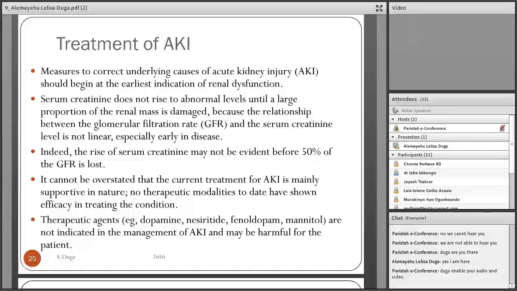Still, we need to be careful in administering certain drugs which will exacerbate AKI, like dopamine, fenoldopam, and mannitol. Mannitol is usually used as a diuretic, which in this case will be a problem if we administer it to AKI patients.